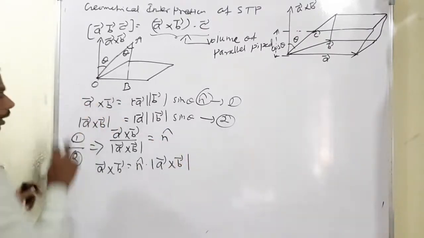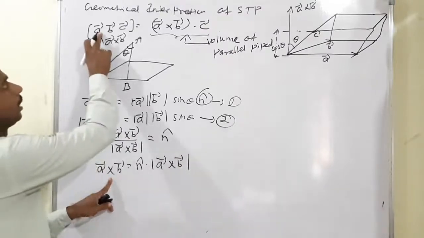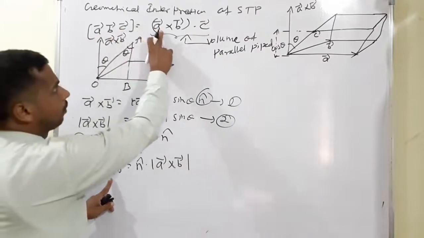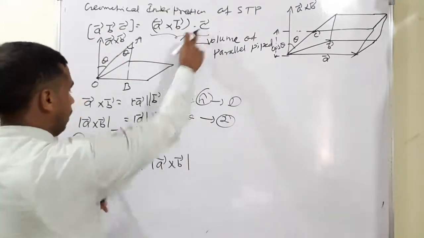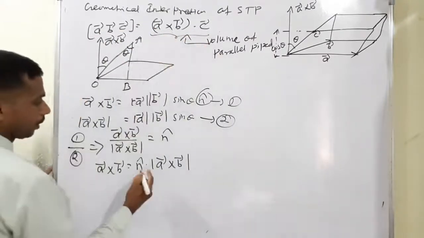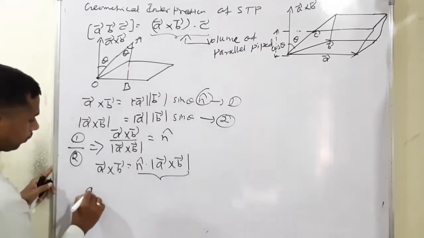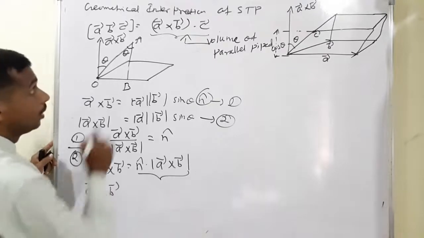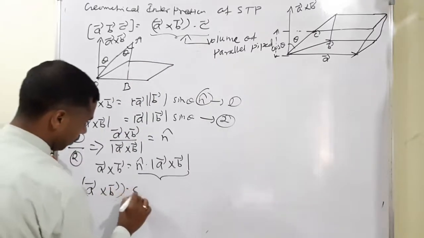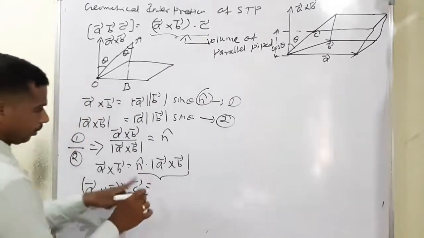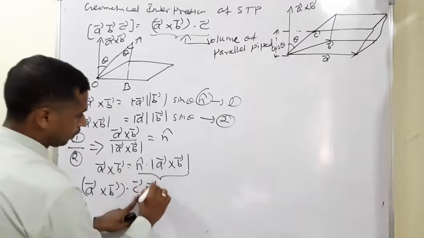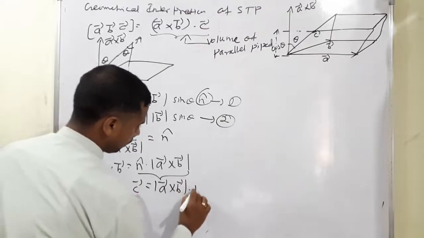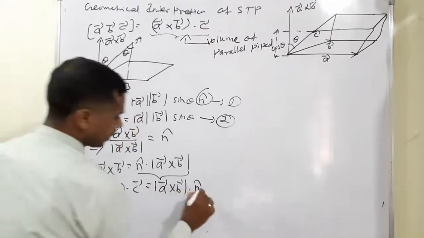Now moving to the diagram, the box of triple product A vector, B vector, C vector is equal to A vector cross B vector dot C. Already we found A vector cross B vector is equal to modulus of A vector cross B vector into n cap, dot C remaining.